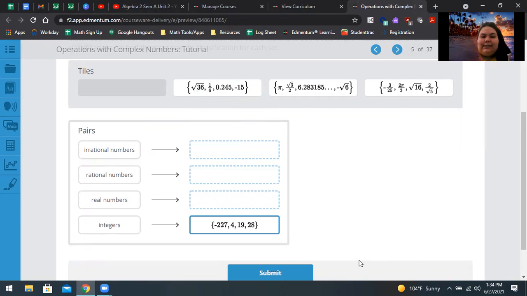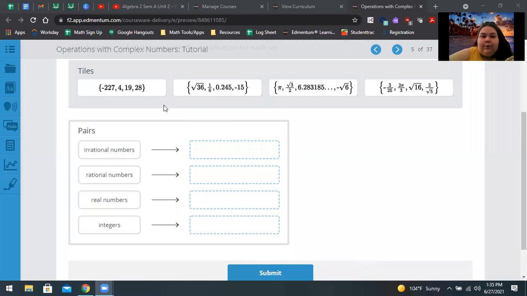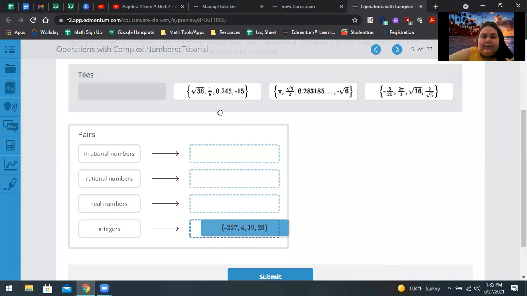So is it rational or real numbers? Real numbers can be any positive or negative numbers. So I'm going to hold off on that one to classify the other ones first, and then we'll narrow it down. Again, that one belongs to integers.